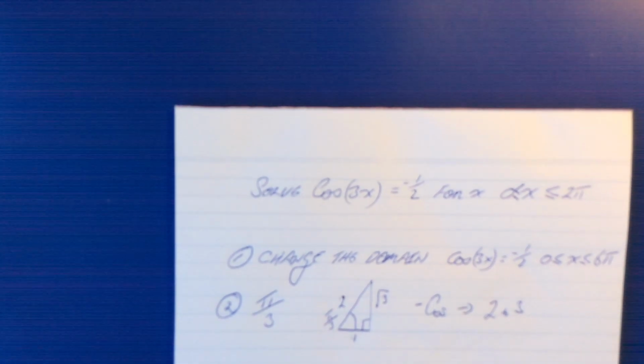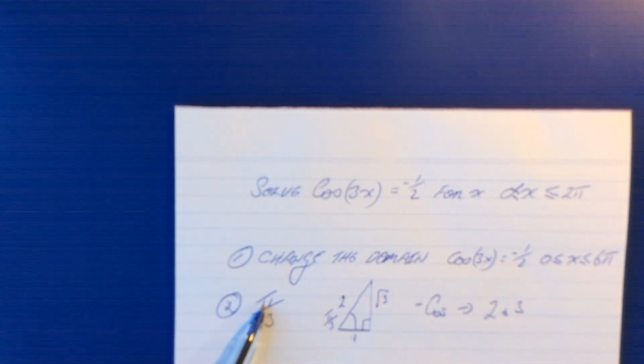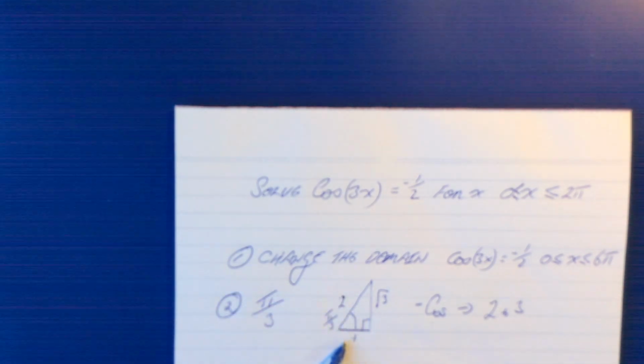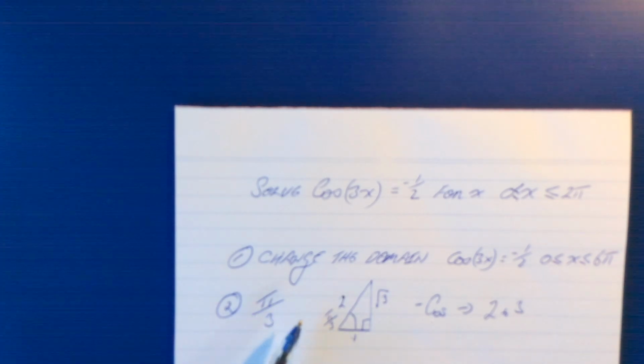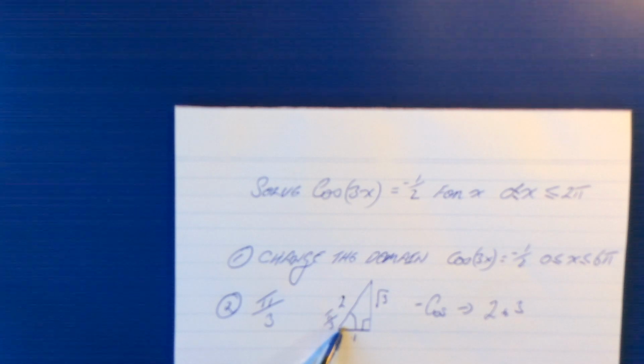Second step is to sort out what our base angle is. Notice that I'm just working in positives here. I'm looking for our base angle, and I've set up this triangle. It should be familiar. 1, root 3, 2. This is pi on 3 here.